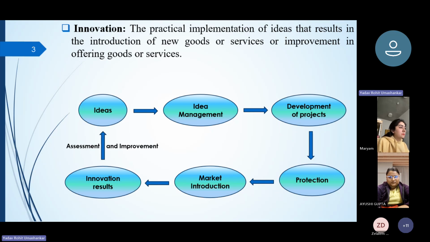Now again this loop closes to the idea, but there is one point here that I want to mention, that is assessment and improvement. What does assessment and improvement mean? Once the idea is developed and it is in the market, it is not that more technological innovation cannot be done on the invention which is already present in the market.